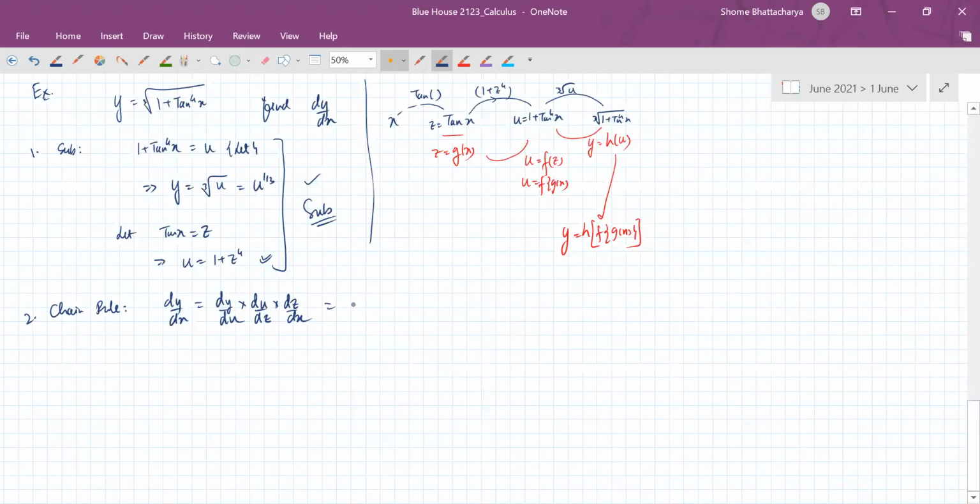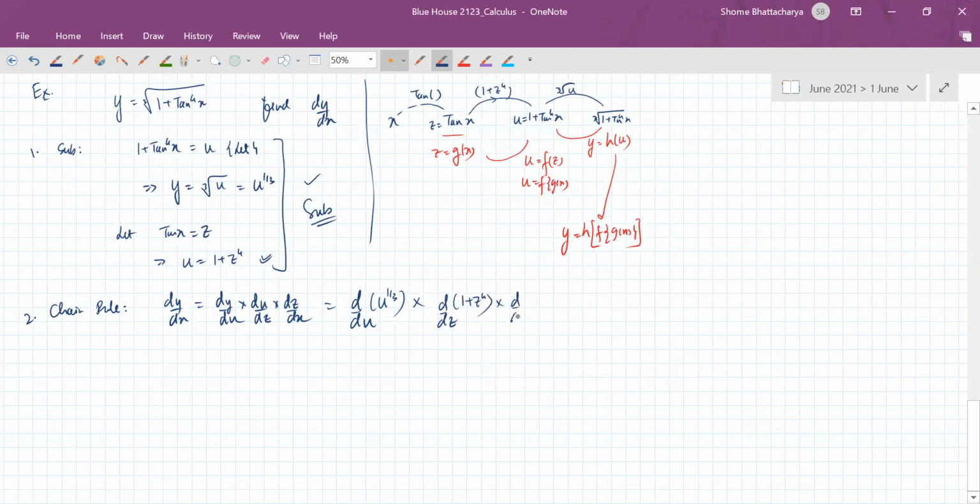So d by du of what? y was cube root of u, power 1 by 3. Into d by dz of what? u was 1 plus z to the power 4.